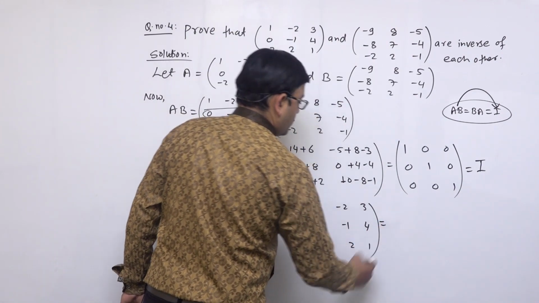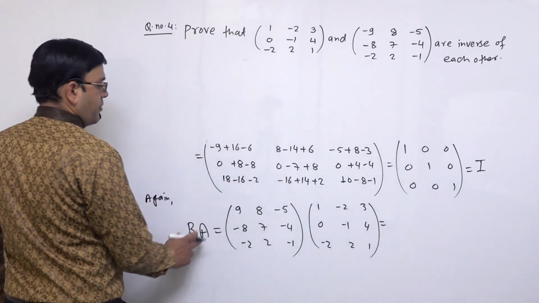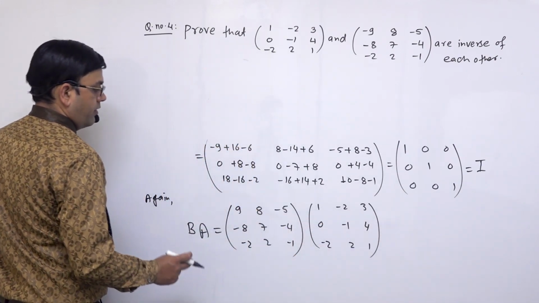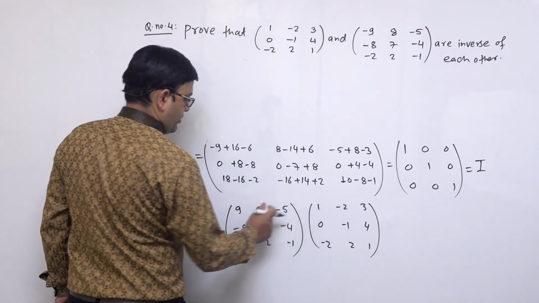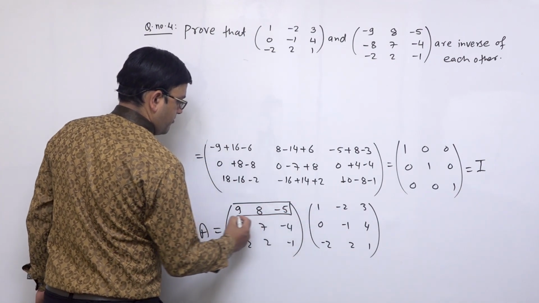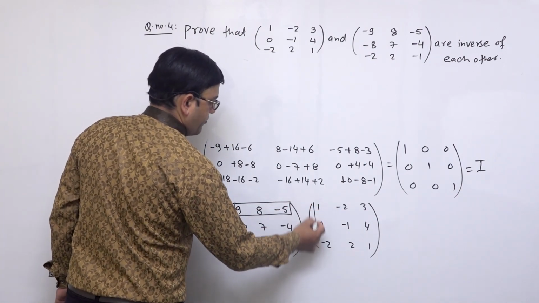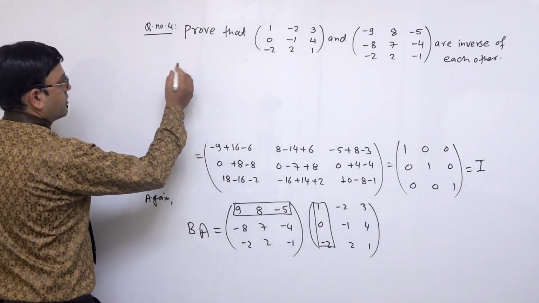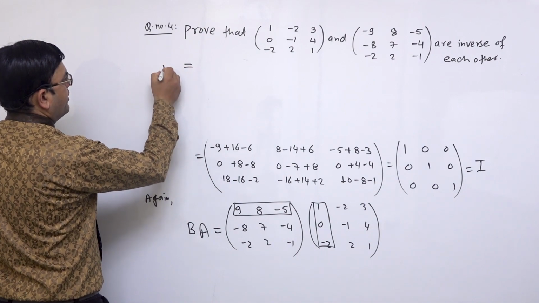Now this is equal to, let's see its multiplication here. Here 9 and then 1, this first row multiplied by the first column. So 9 times 1, here is BA.